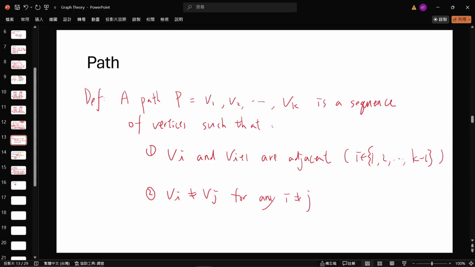Similarly, the next edge should be directed from v2 to v3. So you have to obey this direction.